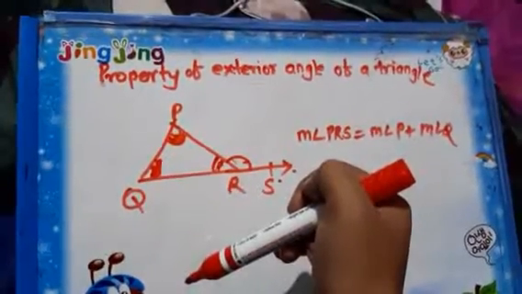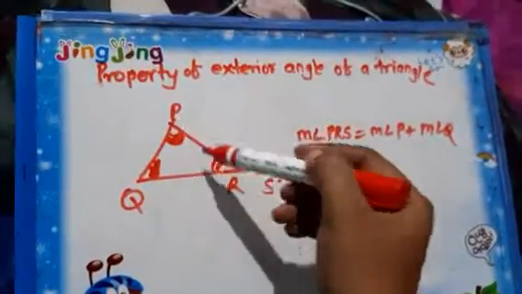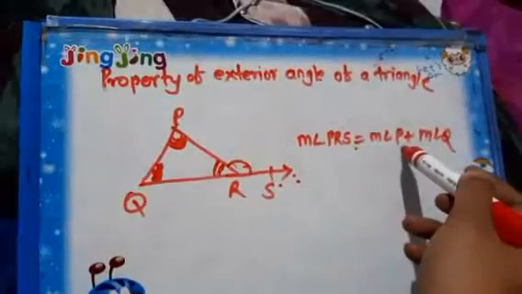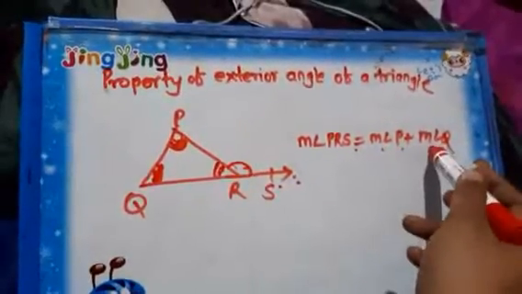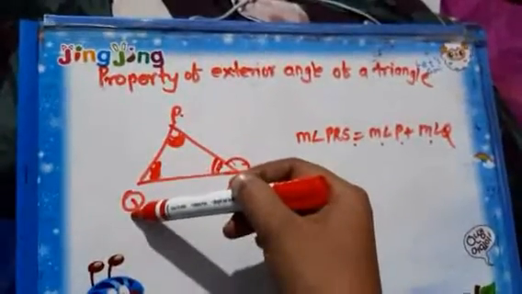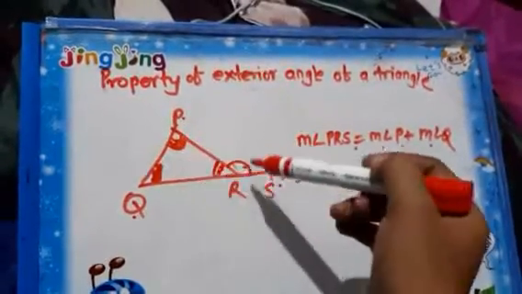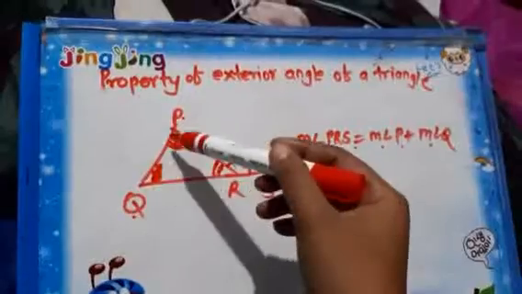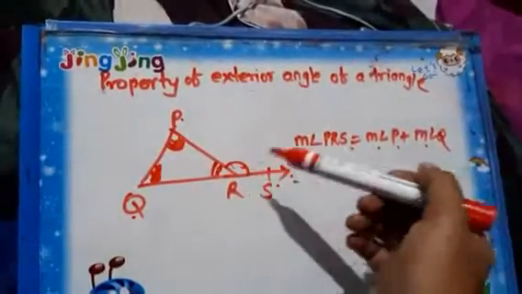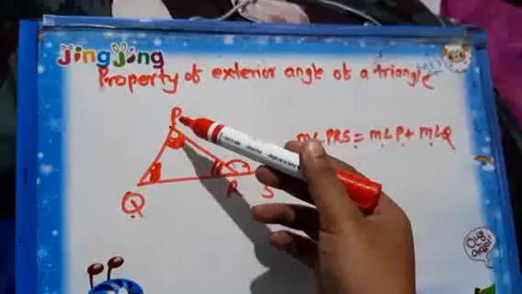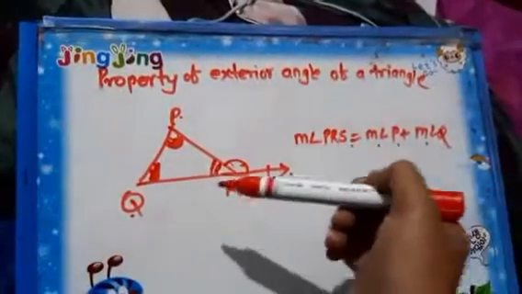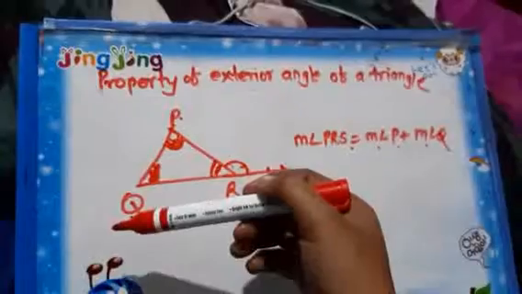So this property says that the exterior angle's measure is equal to the sum of the two remote interior angles, and they are P and Q. So those which are away from this exterior angle, their sum is nothing but the exterior angle's measure. So for this triangle we can write measure of angle PRS is equal to measure of angle P plus measure of angle Q.